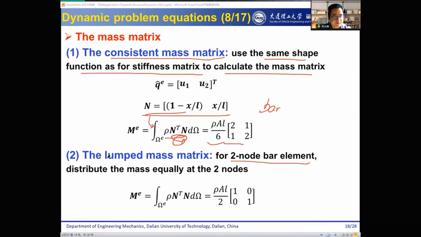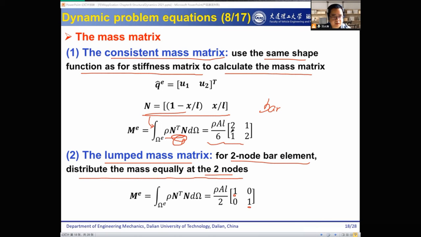The second type of mass matrix is the lumped mass matrix. Again we use the two-node bar element as the example. To calculate the lumped mass matrix, we distribute mass equally at the two nodes: half on one node, half on the other.